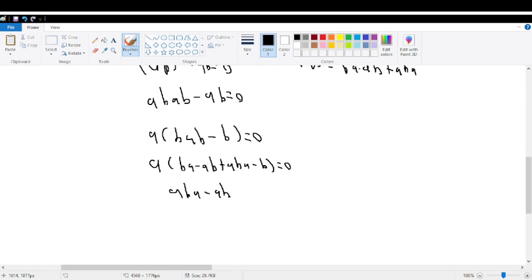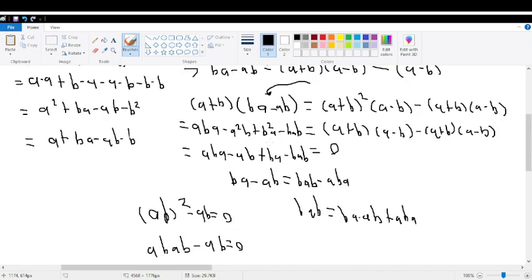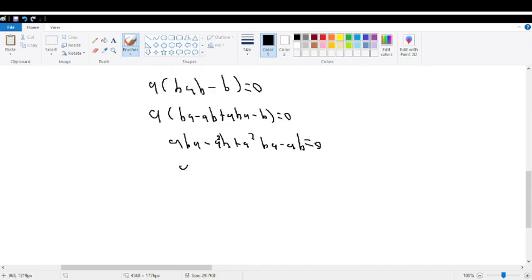Notice that we have aba, and if we multiply, I'll just write it fully out: a squared b plus a squared ba minus ab is equal to 0, which, again, coming back to this fact a ton here, gets us aba minus ab plus aba minus ab is equal to 0, or that aba plus aba is equal to ab plus ab.